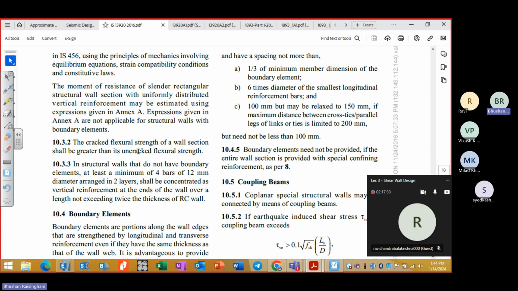So if we reach 0.0035 for the concrete, that means it is the ultimate strain that we are facing. And with respect to the generated strain, the stress will get developed and it will be higher for the cracked section as compared to the uncracked section. So this is the reading between the lines that I could see, but it is not yet confirmed by anyone in the code.